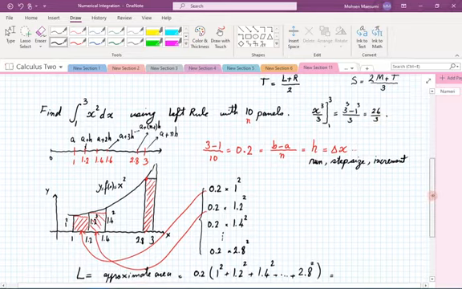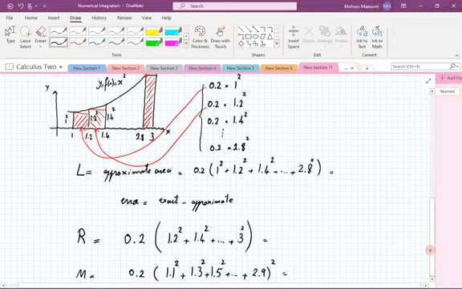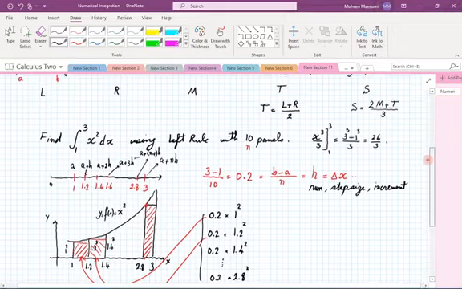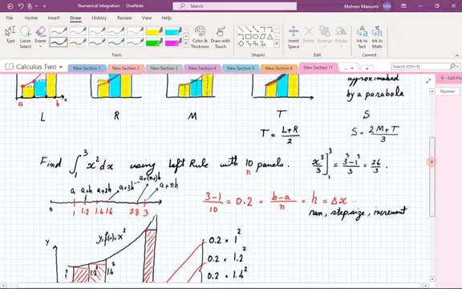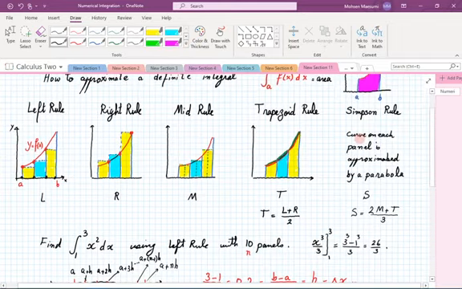You are going to find out the midpoint is a lot closer than either of these two. These two are considered very rough approximations. The mid rule is the intelligent thing to do. It's a lot closer to the actual answer with the same amount of effort. The reason this is much better than those two is that this one obviously underestimates, that one obviously overestimates in this picture, and the mid rule allows these two to cancel each other out.